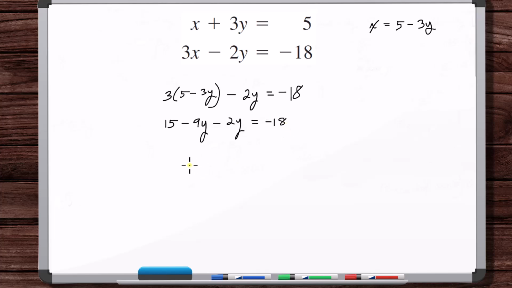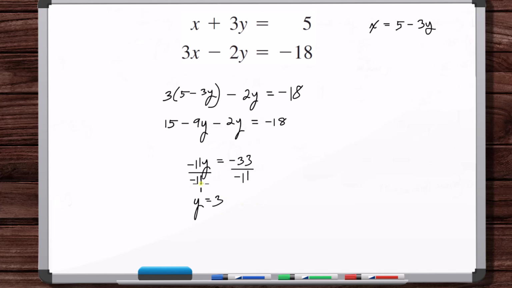Okay, minus 9 minus 2 is minus 11. And then subtracting 15 from both sides, minus 18 minus 15 is minus 33. Now dividing both sides by minus 11, you've got y is equal to 3.